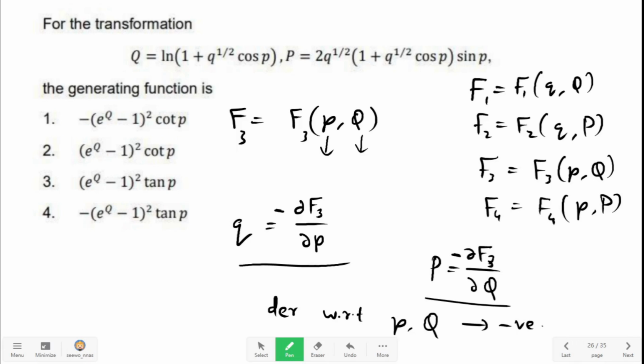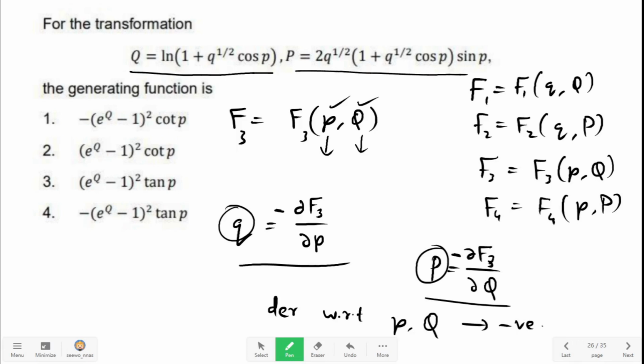Now in step 3, what you will do is express the LHS of the differential relations in terms of the variables used in the generating function. What are the variables used in the generating function? It is small p and capital Q. So we will write the LHS, which is small q and capital P, in terms of small p and capital Q. For this we can use the canonical transformation relations given in the question.